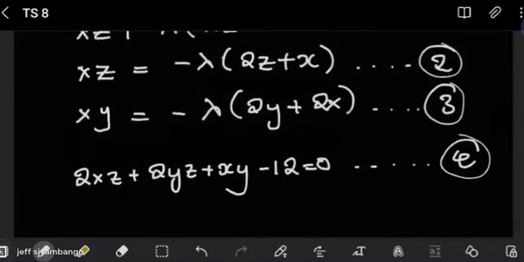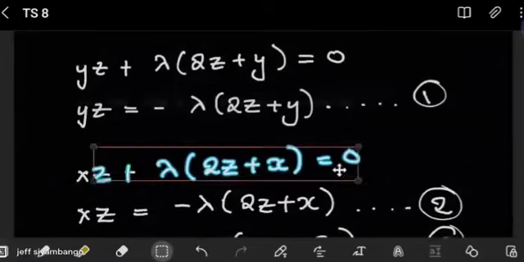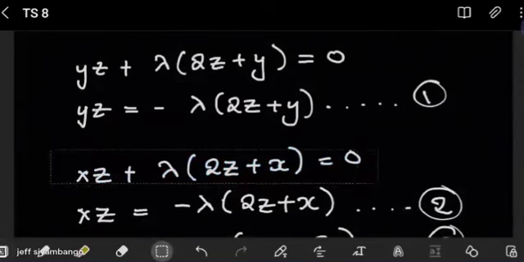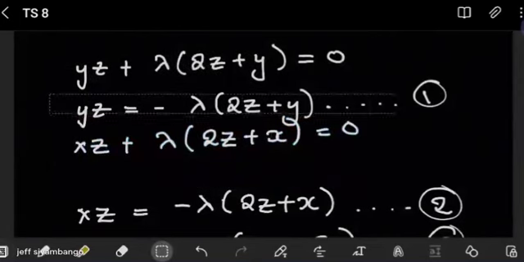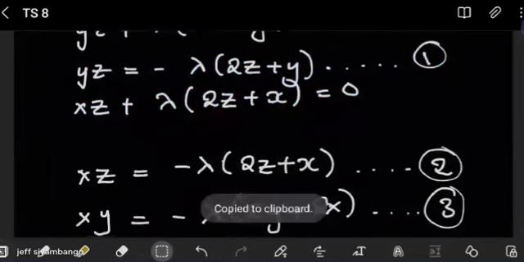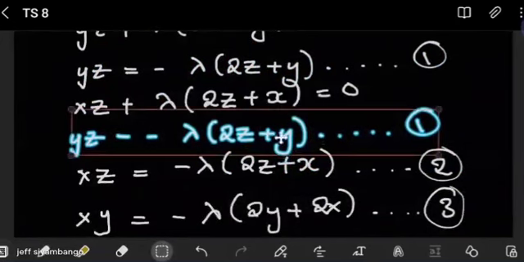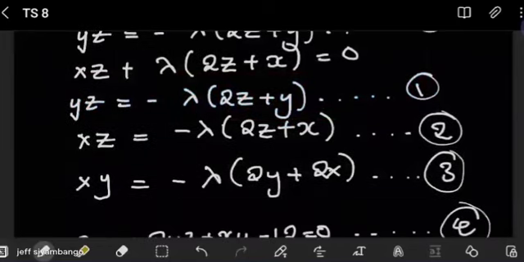Now, how do we do it? Well, there are a number of ways that you can do it. Let me just get the other equations so that I bring them all. So these are the equations here. Now, how do we solve our equations?